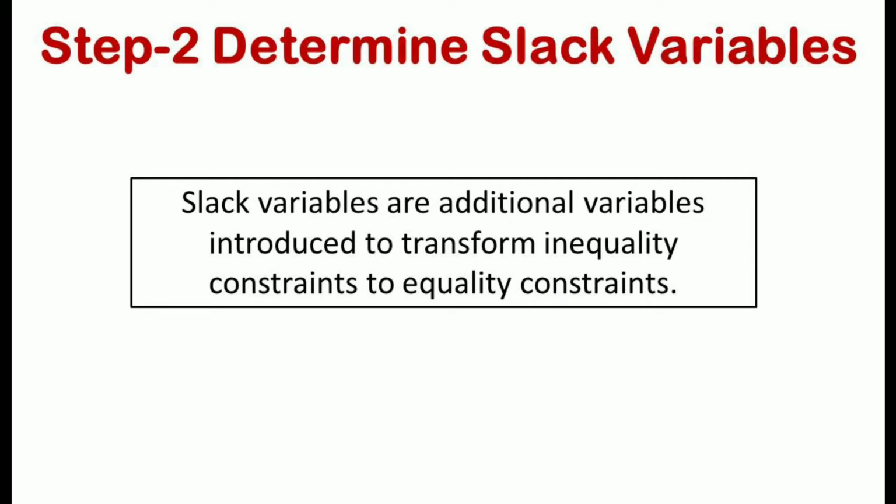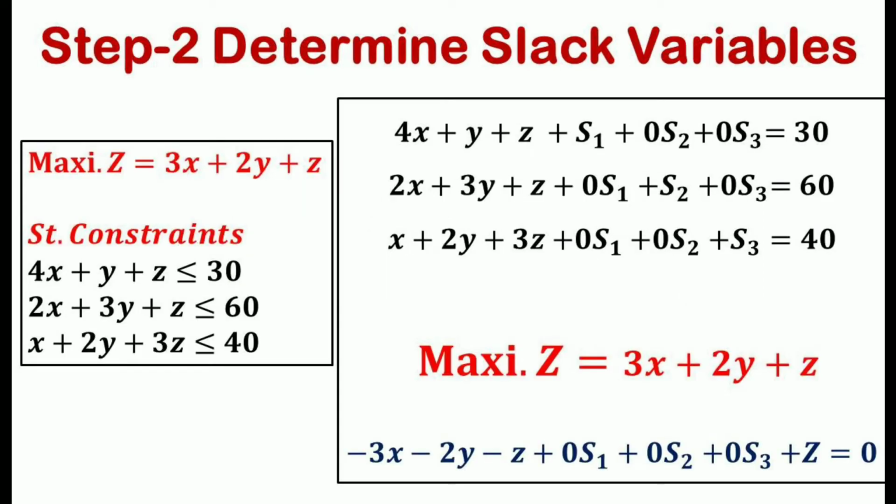If the model is in the standard form, then the slack variables will always have a positive or +1 coefficient. In our example, we are introducing non-negative slack variables S1, S2 and S3 to convert the given linear programming problem into its standard form, that is converting inequalities into equalities by adding slack variables to the given three constraints.